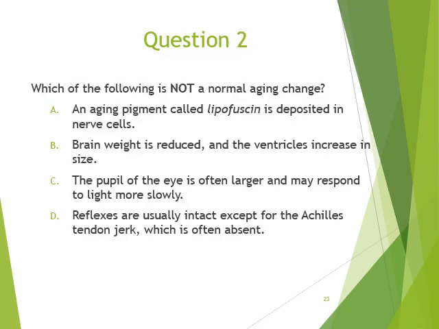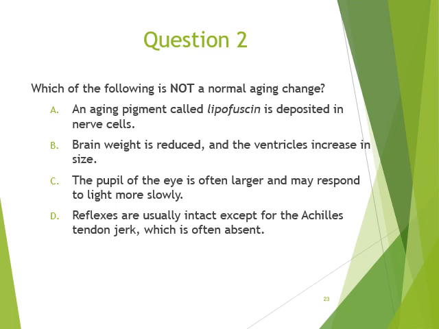All right, let's try the second question. Which of the following is not a normal aging change? Give you a minute. Now, this question is a good example of how you have to read the question carefully. Especially in this neurological chapter, the questions, read them very carefully.